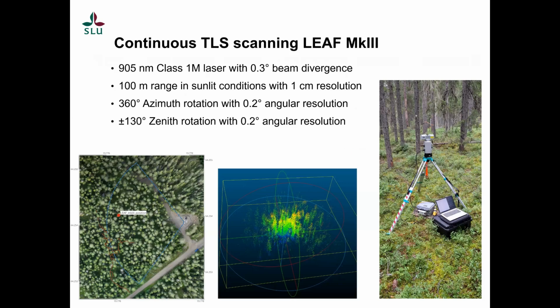We have also bought a TLS that is scanning this area continuously, inspired by the work from Finland. This is not mounted in a tower, this is from the ground, but it is still giving a resolution of about 1 centimeter, 100-meter range, and the trees in this area are only 25 meters high. So we hope that this will be sufficient to have good measurements of how the branches are changing throughout day and night.